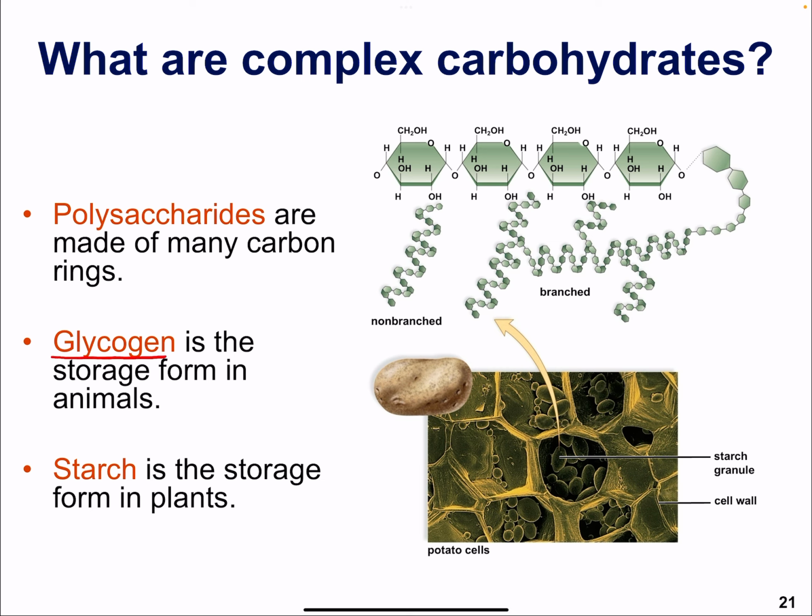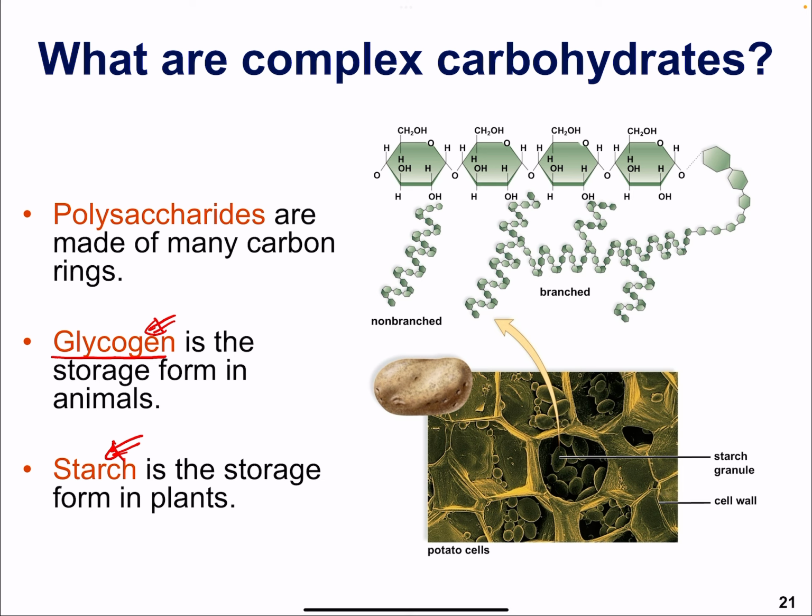When I say we humans, really what I should say is animals. Animals store glucose in the form of glycogen, while plants store glucose in the form of starch. Okay, so these are two examples of polysaccharides, glycogen and starch.